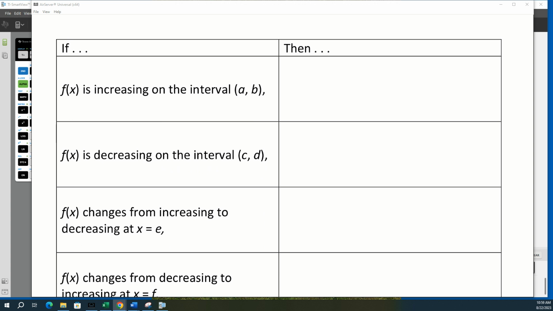All right, so these are if-then statements. So if f of x is increasing on the interval from a to b, then that means that the rate of change, or in place of rate of change, you could say slope. The rate of change or the slope of f, would you guys say the rate of change or slope of f would be positive or negative if f is increasing? Positive.